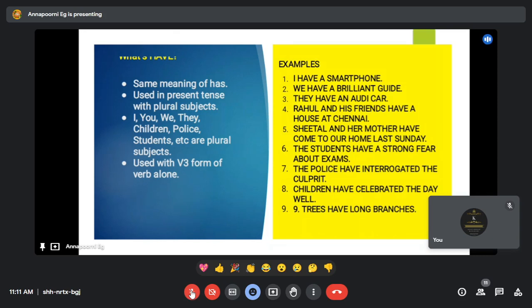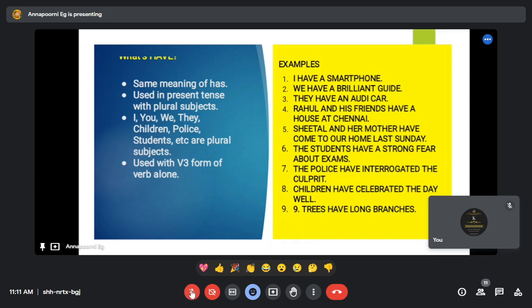The culprit means the one who has committed the crime. Crime panninadi yaro, he is the culprit. Or sometimes we call the criminal. So the police have interrogated the culprit. The police is a plural subject. That's why I'm using have. Interrogated is the V3 form of interrogate.